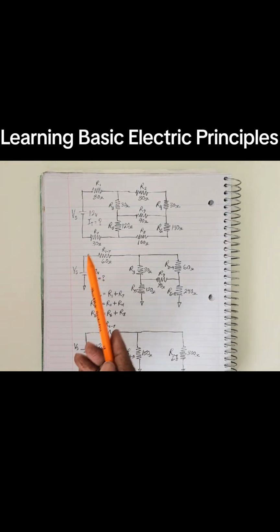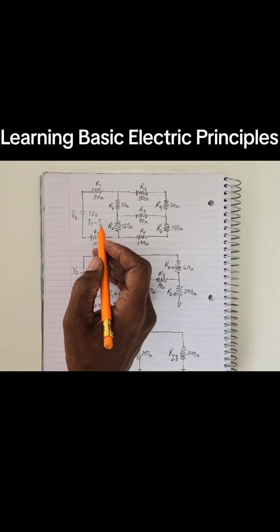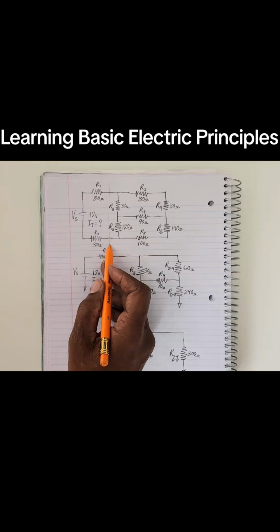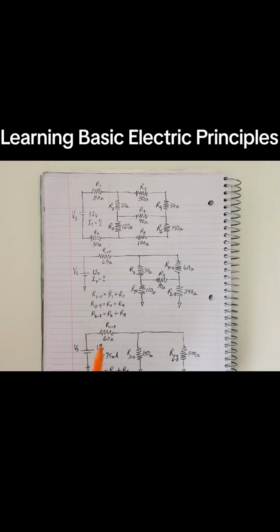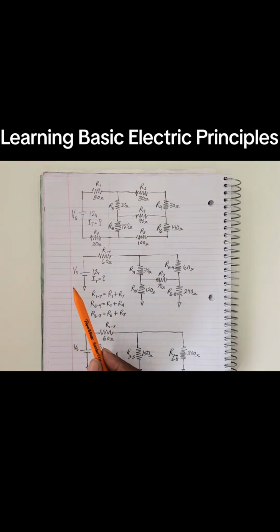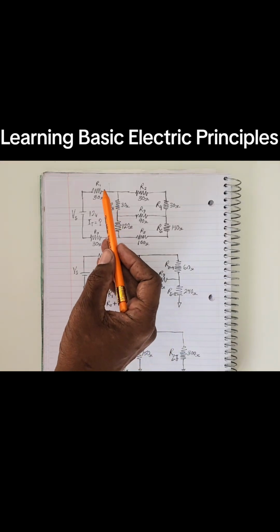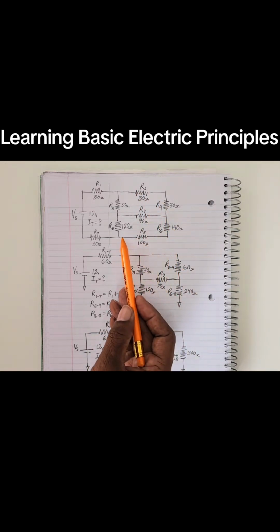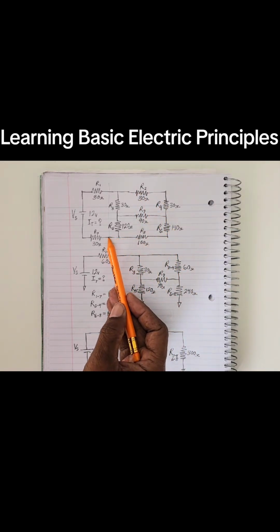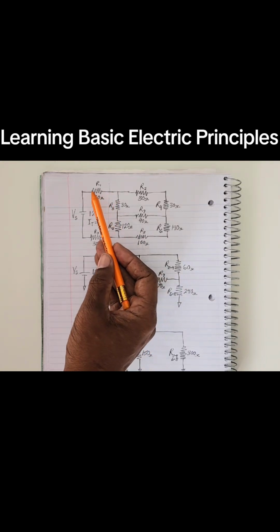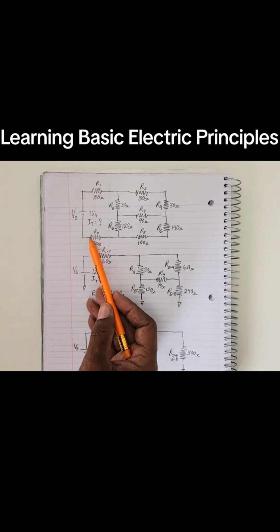One thing you can notice is if you look at this, just from here this way, isn't this just some resistance? We don't know what it is from this point to this point, and it's in series with this resistor and this resistor.